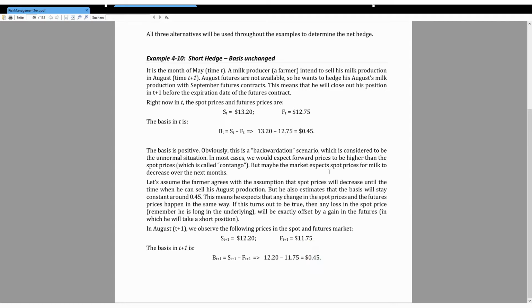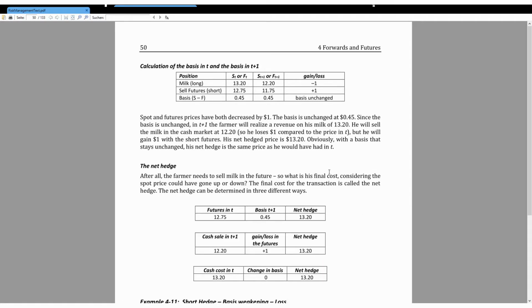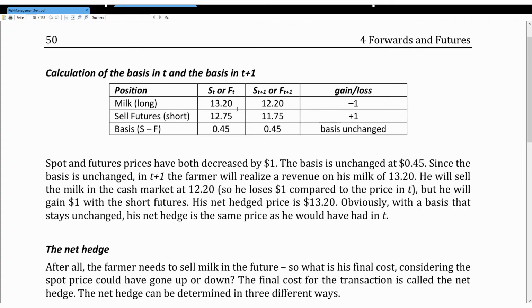Let's put that together in a standardized table. So the table would look like this. We have the long position for the milk and the price in time t, same for the price for the futures, and the prices in time t plus 1, one for the milk, and one for the futures. So now, he's long in the milk. He's a seller of milk.